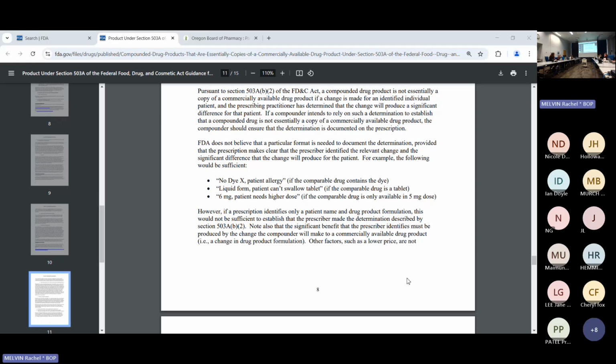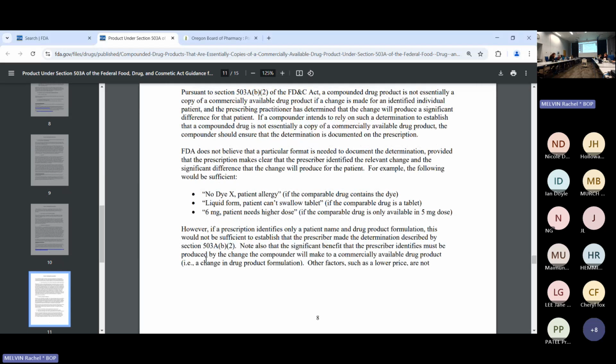And it's the very bottom paragraph there, which in the position statement is represented as 3 bullet points. And it reads, however, if a prescription identifies only a patient name and drug product formulation, this would not be sufficient to establish the prescriber made the determination described by section 503A(b)(2), et cetera. So all of those points are referenced and directly lifted from that document that's hyperlinked to reference number 4.